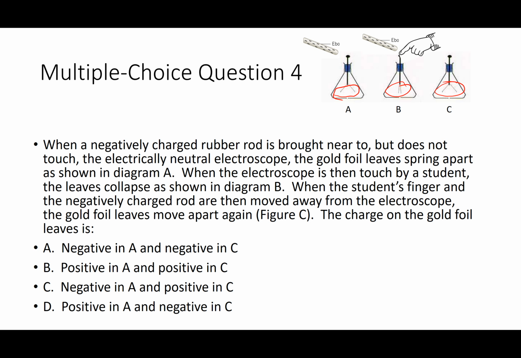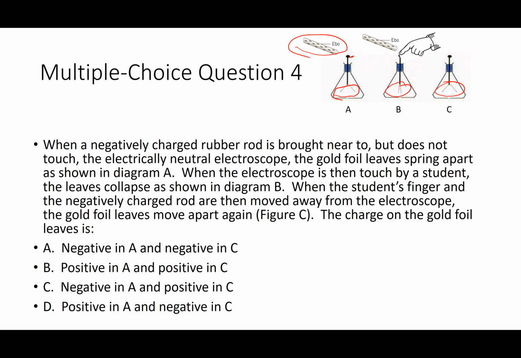The charge on the gold foil leaves is, well, here's the thing. This negative rod, when we put it close to this electroscope, it's going to repel the electrons from up here down to those leaves. And those leaves separate because they both have excess negative charge. So in A, those leaves are negative.